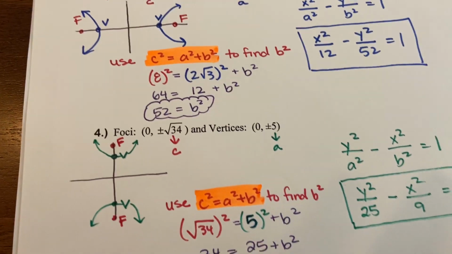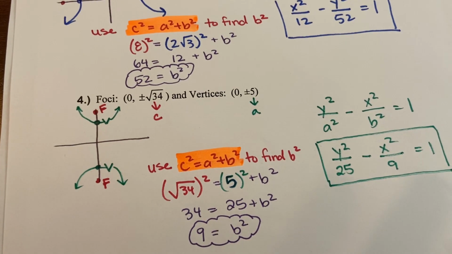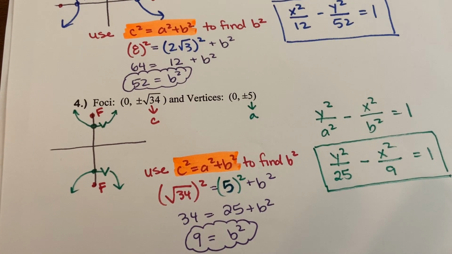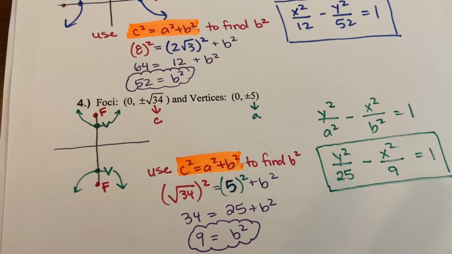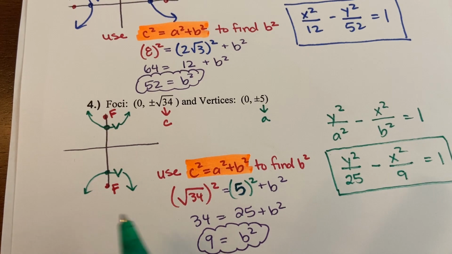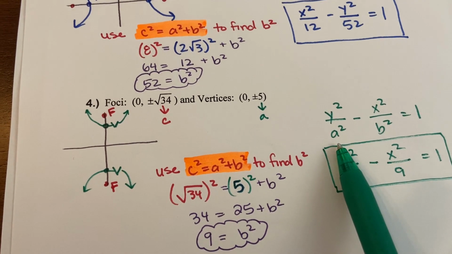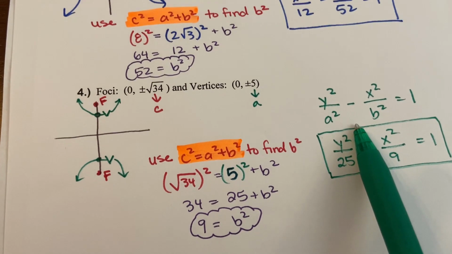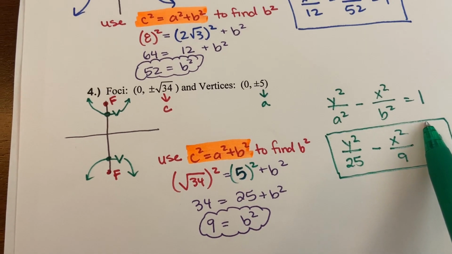For my next one, we're given that the foci are 0, plus or minus radical 34 and the vertices are 0, plus or minus 5. This time, since my vertices and foci are on the y-axis, my equation is y squared over a squared minus x squared over b squared is equal to 1.